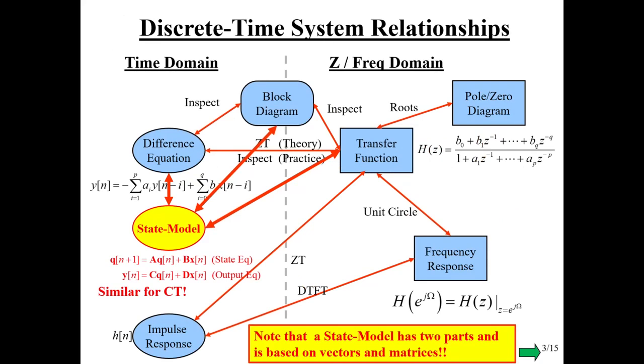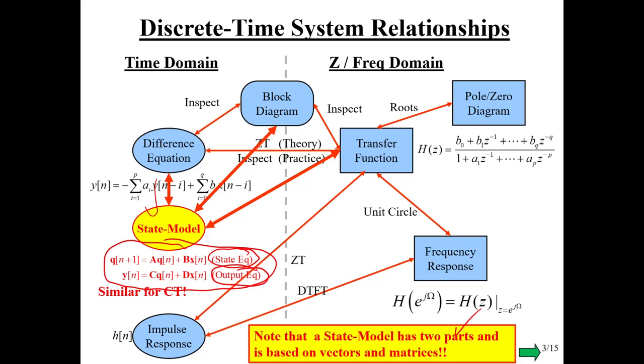I've added in the state model here. I've made it yellow so that it stands out a little bit more. And I've given the expressions here. And unlike the others, you can see that it requires two parts. There's something here called the state equation, and then something called the output equation.